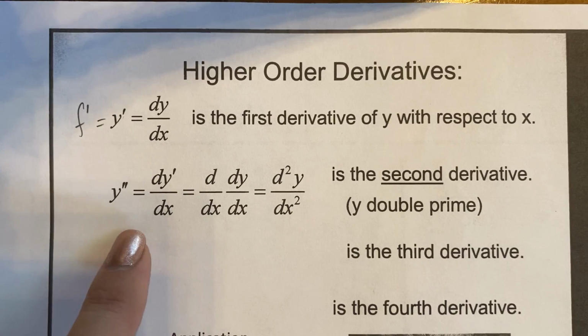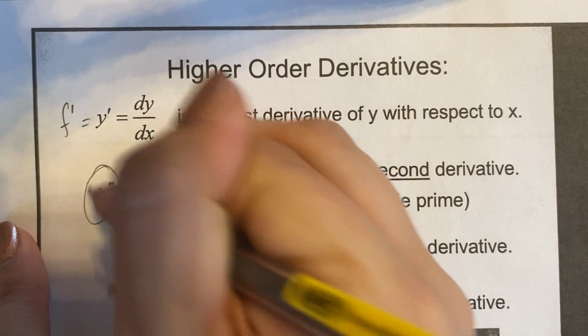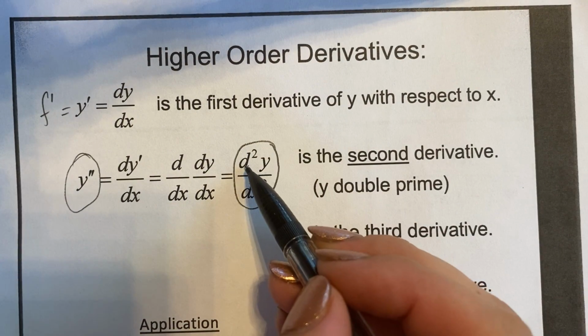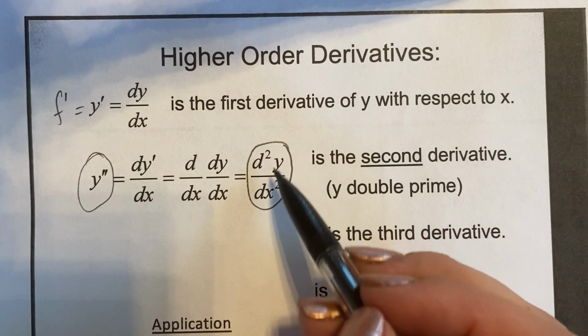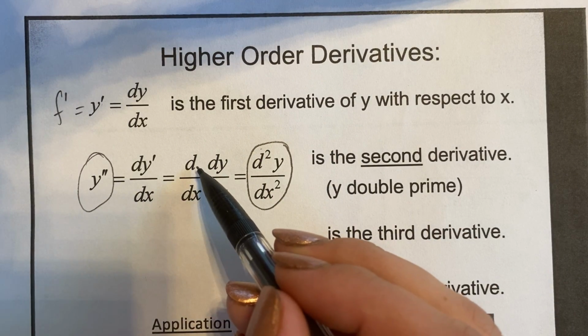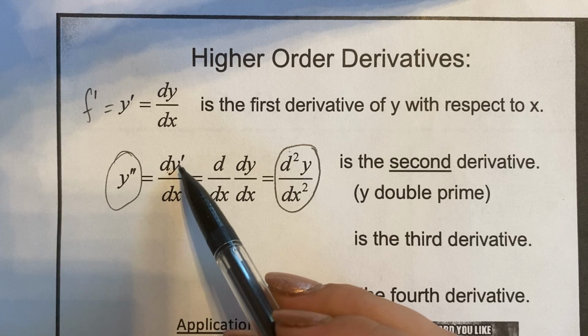The second derivative, you would write it as y double prime, or this. This is how we get this. Basically, this is the second derivative, with the d and the x squared in different places. This sort of explains why: this is the first derivative, and you're taking the derivative of y prime.